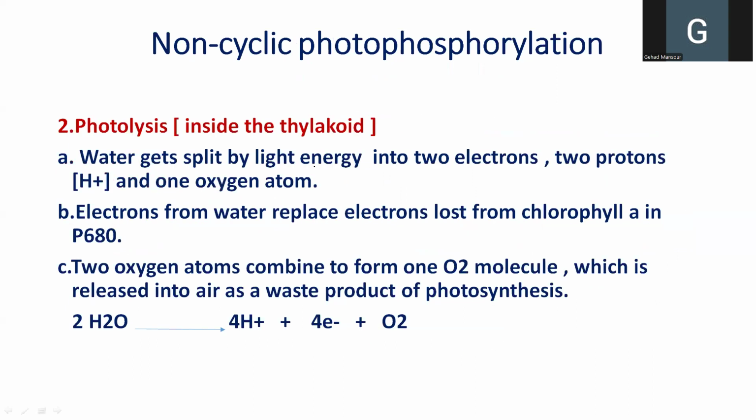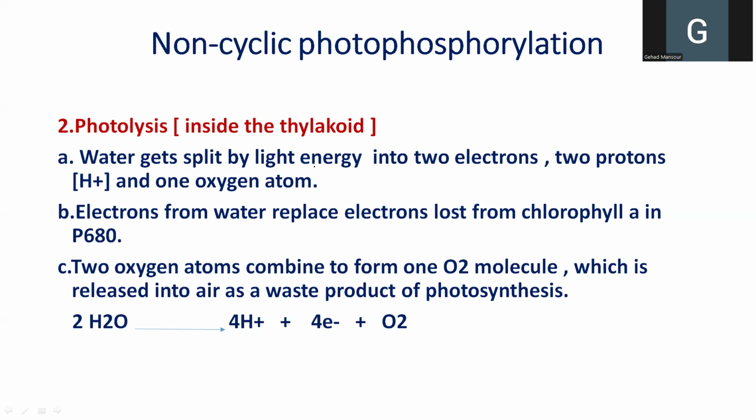And then we have photolysis, and we've mentioned that water gets split by the light energy into 2 electrons, 2 protons, and 1 oxygen atom. The 2 electrons and the 2 H plus or protons are the 2 hydrogens that were present in the water molecule, and the remainder is the oxygen atom. We've mentioned this several times before.